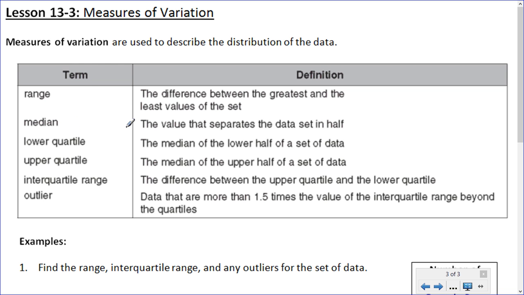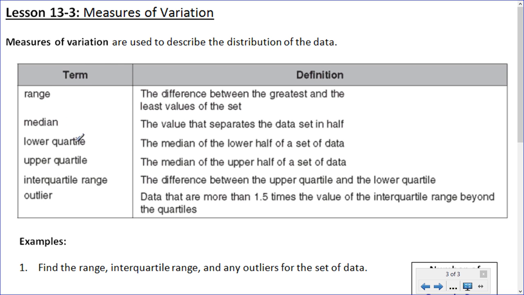The median we've seen already, but we've seen a slightly different definition of median. The median is the middle number in a set of data, and I've hinted at this already. It's the value that separates the data set in half. So wherever the median is, half of the numbers are above that number, and half of the numbers are below.